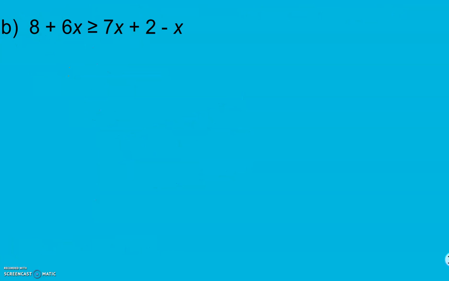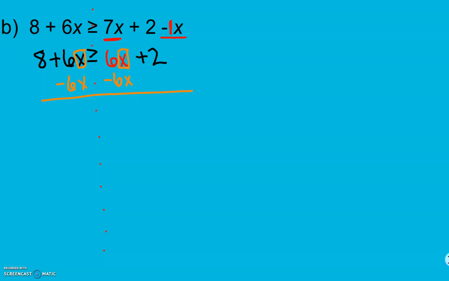Try and give B a try here. My left expression is as simple as we can get it, but on my right side it is not. I have 7x minus 1x, which gives me 6x when I combine my like terms. I didn't change anything on my left side, and I still have the plus 2 here on my right side. Now I have variables on both sides, so to get my x's together, I'm going to subtract a 6x.